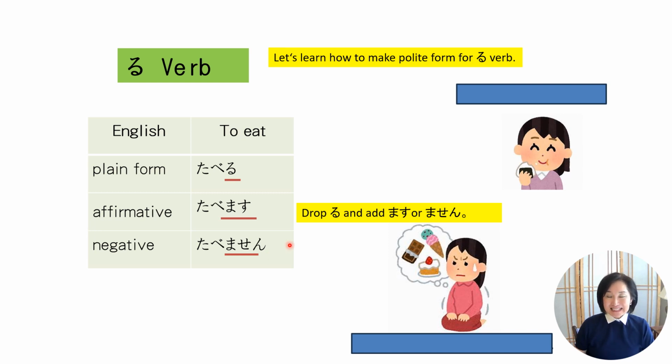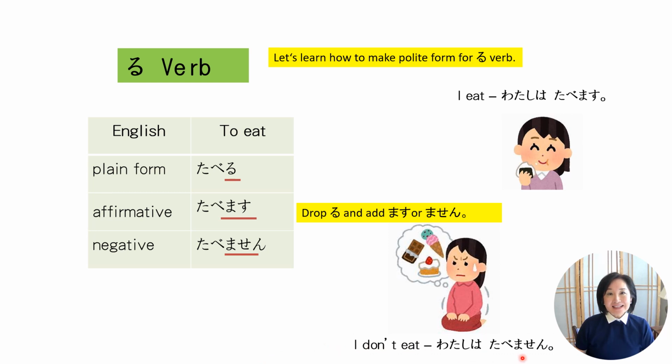Let's make some sentences. I eat. How do you say I eat? 私は食べます. And how about I don't eat? How do you say that? 私は食べません. いいですね.